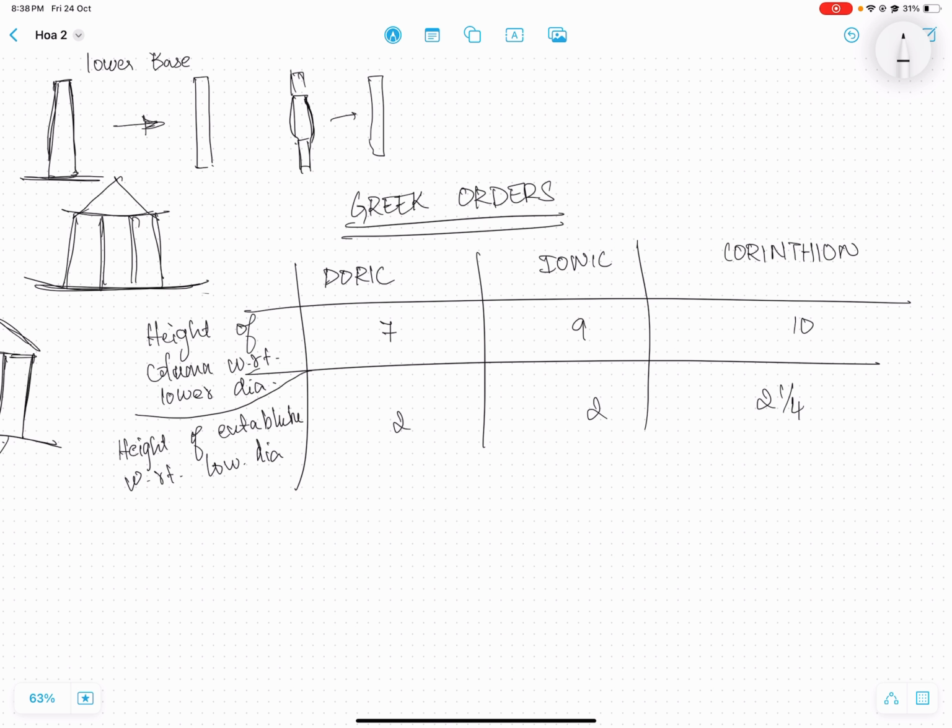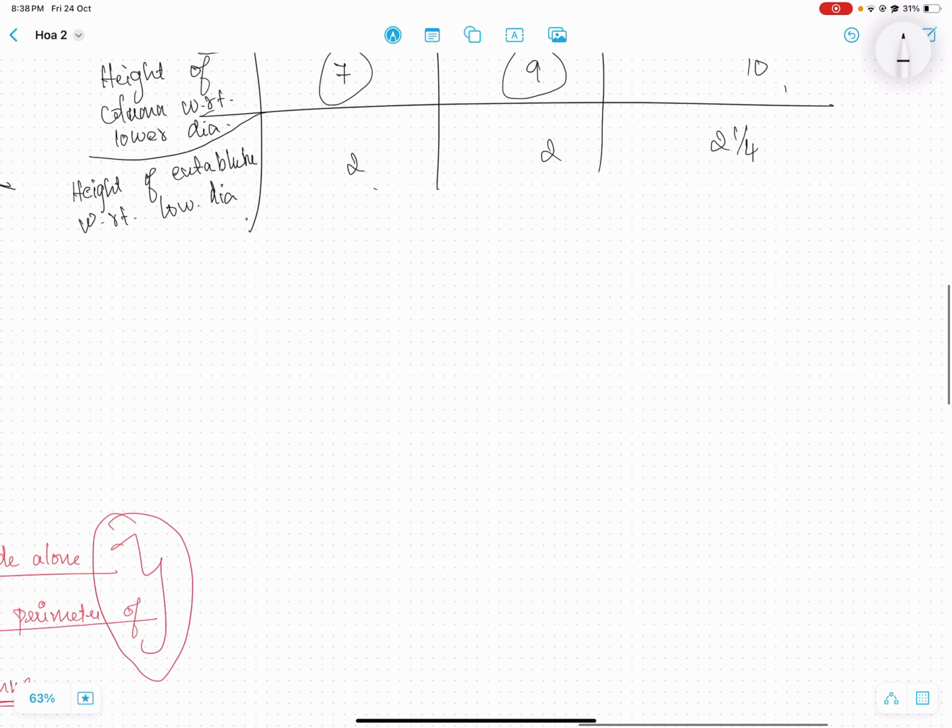So the height of the column with respect to lower diameter for Doric is 7, Ionic is 9, Corinthian is 10, and the height of entablature with respect to lower diameter for all three is 2, 2, and 2 1/4. We'll first start with Doric.